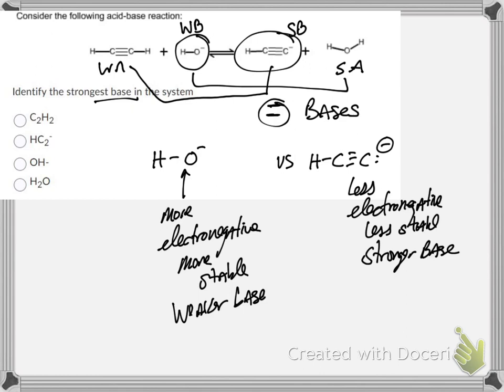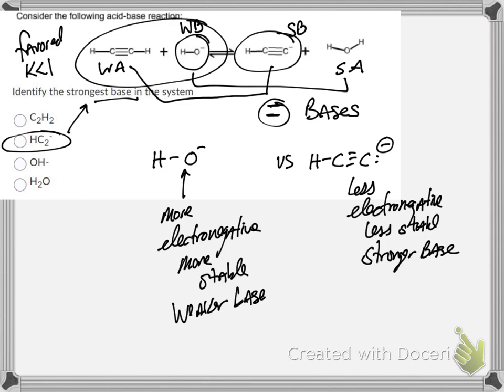The strongest acid must have the weakest base, and vice versa. So we see that this would be reactant favored, since the weakest substances are in the reactants. And at least for the purposes of this question, the strongest base is the negatively charged carbon, which we can't see in water. That's how reactive it is.